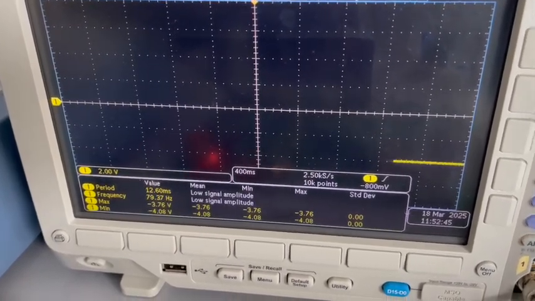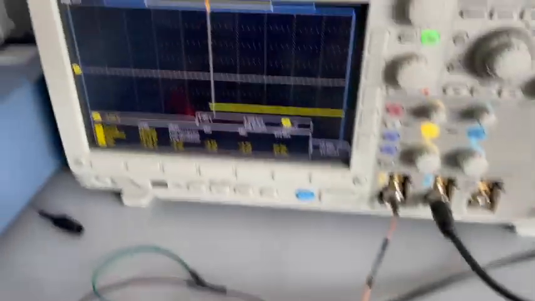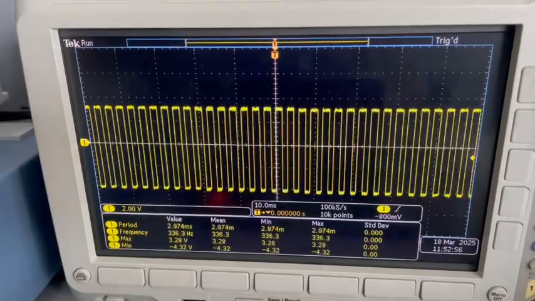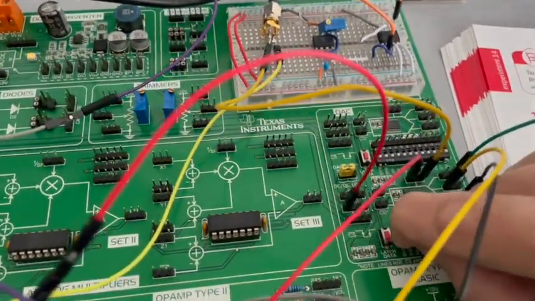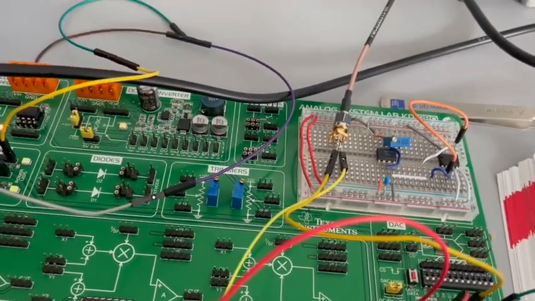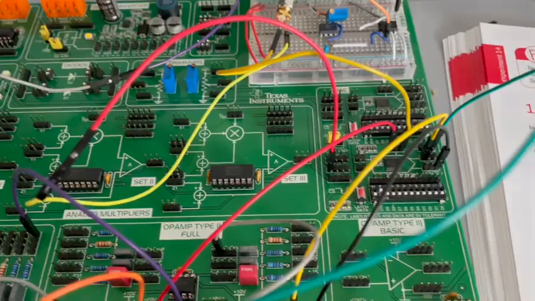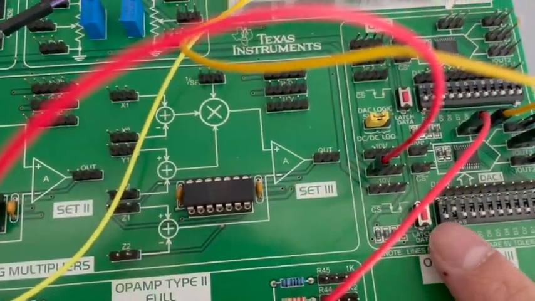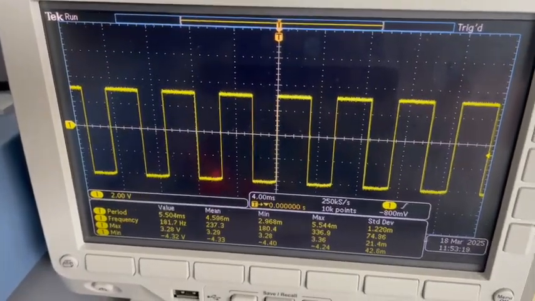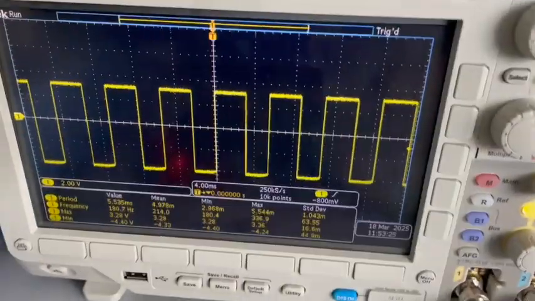Let's go one by one. Yes, the frequency increased. Then second 0, second 1. See, there is a pattern. If you go from everything 0 and switch one bit, you get a frequency change, but if you have everything ones and then 0, 0, 0, you get a decrease of frequency in the other direction.